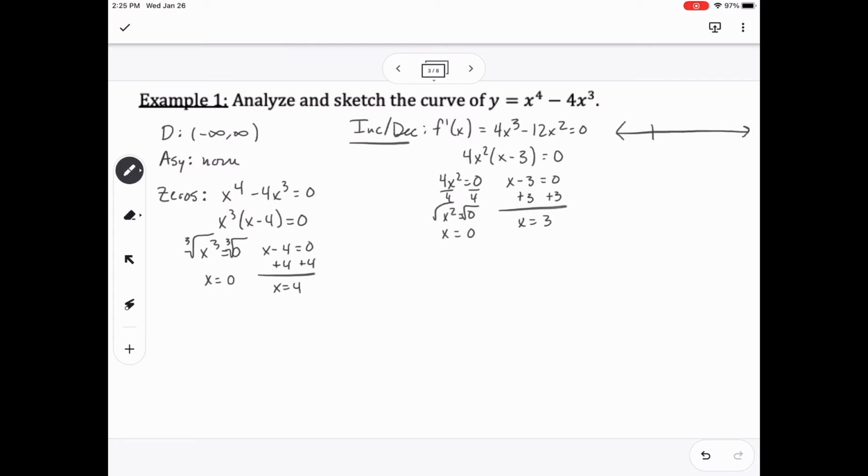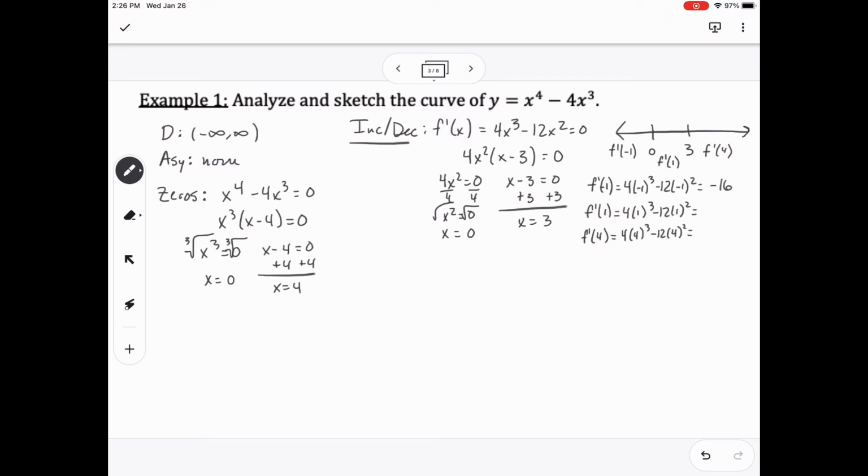It's okay for these things to be in multiple places. So 0 is a zero, and it's also one of our critical numbers. That's okay. When I'm testing this, I want to look in between those critical numbers to see what my function is doing for its slope.